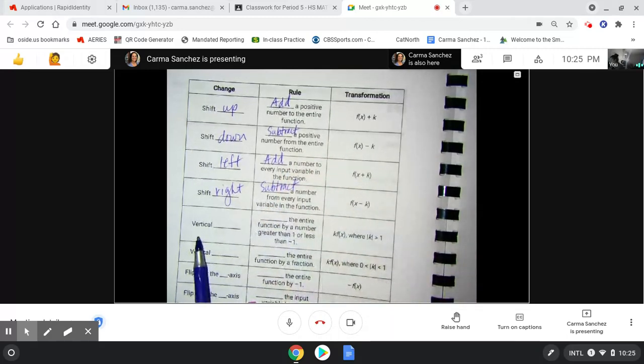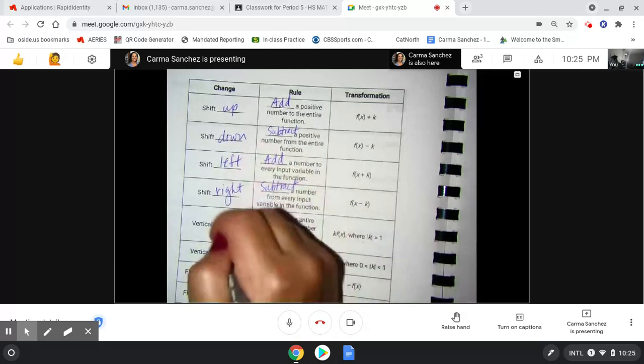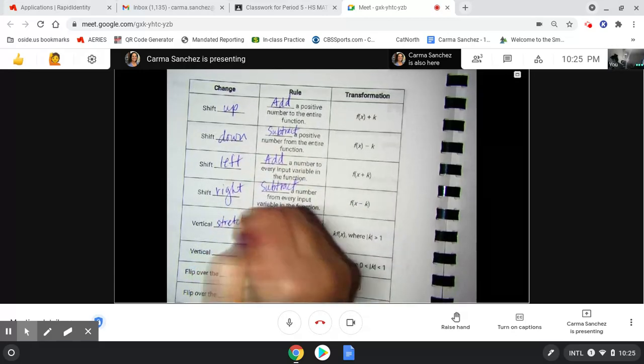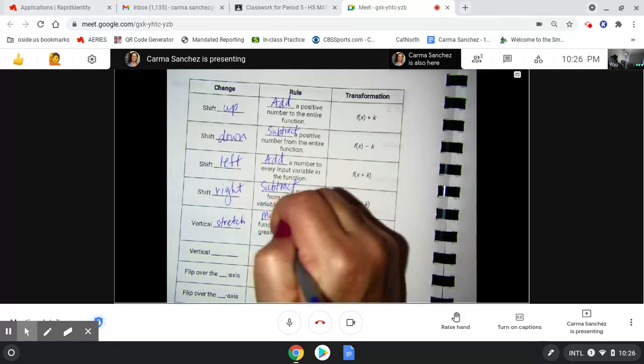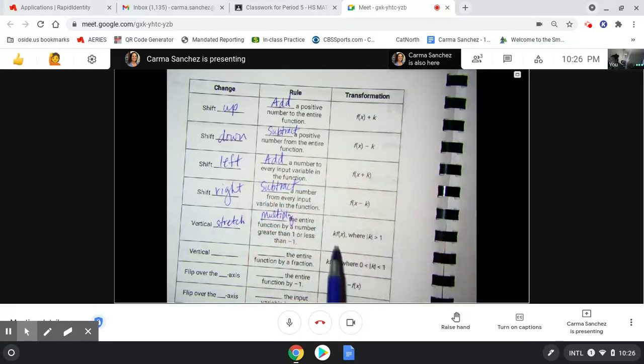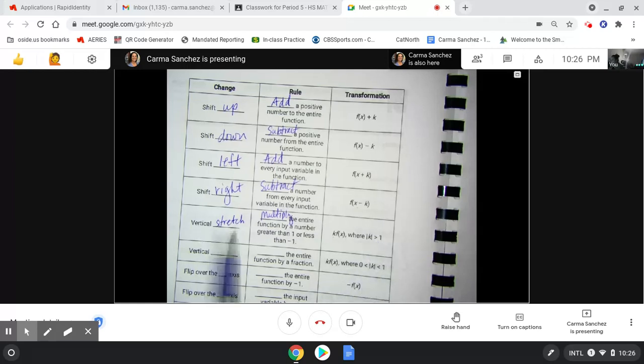A vertical stretch is when we multiply the entire function. It's what we just did in our last unit. So where it's some number k times the function, where k is greater than 1, that's the vertical stretch.